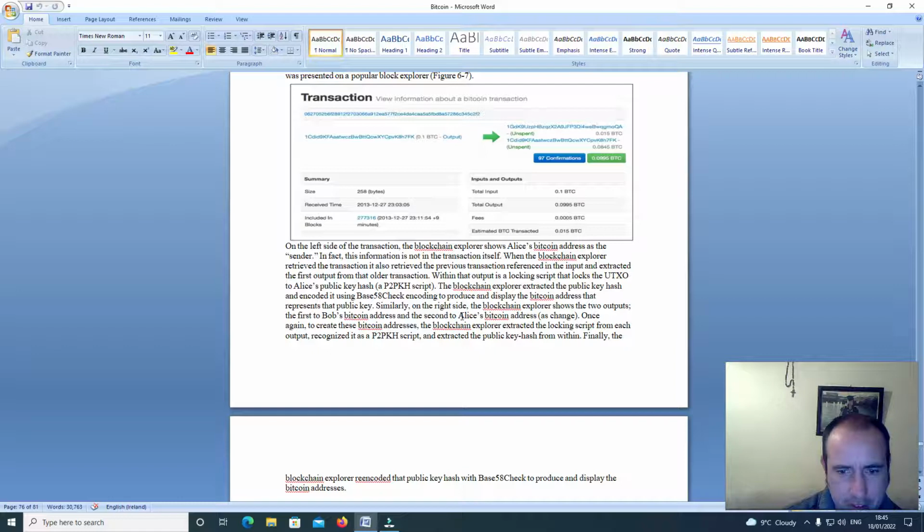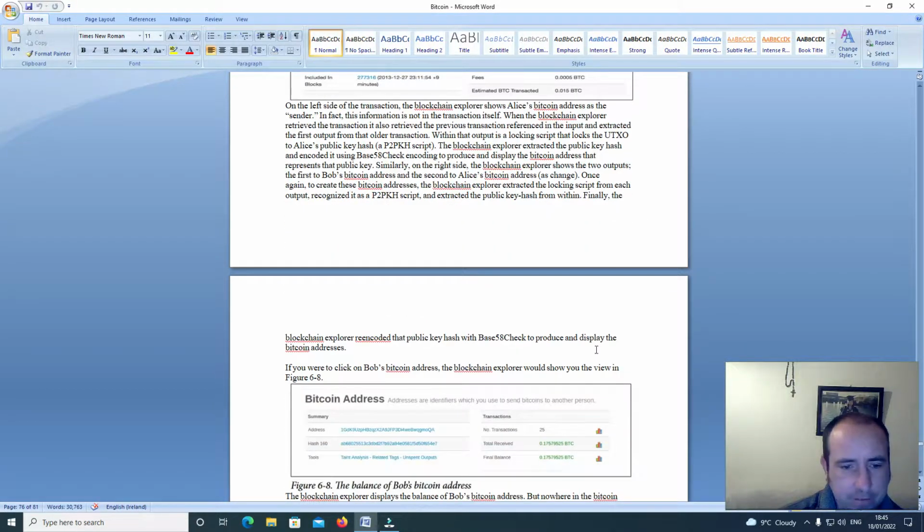Similarly, on the right side, the Blockchain Explorer shows two outputs. The first to Bob's Bitcoin address and the second to Alice's Bitcoin address as change. Once again, to create these Bitcoin addresses, the Blockchain Explorer extracted the locking script from each output, recognized it as a P2PKH script and extracted the public key hash from within.